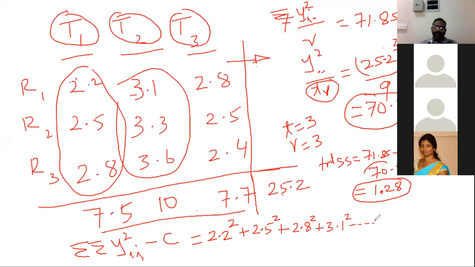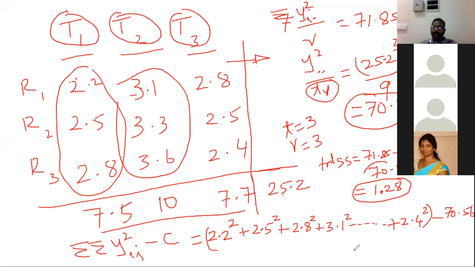So how many observations are there altogether? 9. So you'll have to square all these. So I'm writing the last one, plus 2.4 square. After that, minus this correction factor. This is 70 point something.